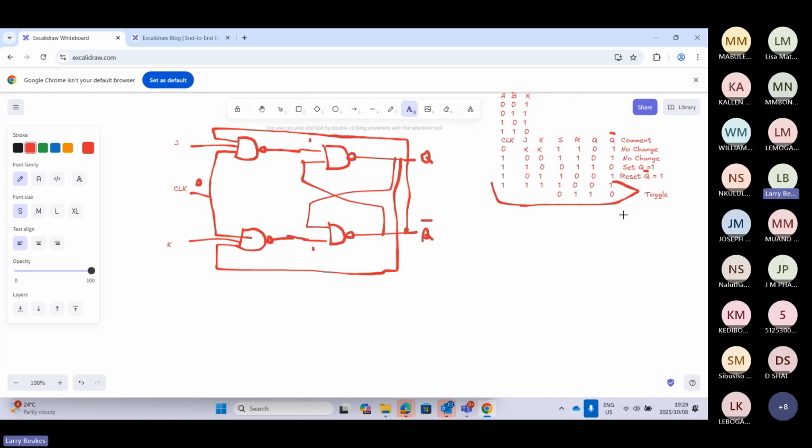Okay, so just for theoretical stuff, a JK flip-flop is basically an improvement of the SR flip-flop, where S equals R equals 1. I will upload this note.